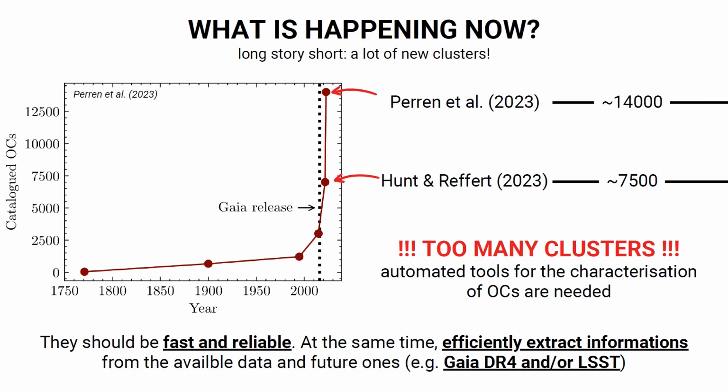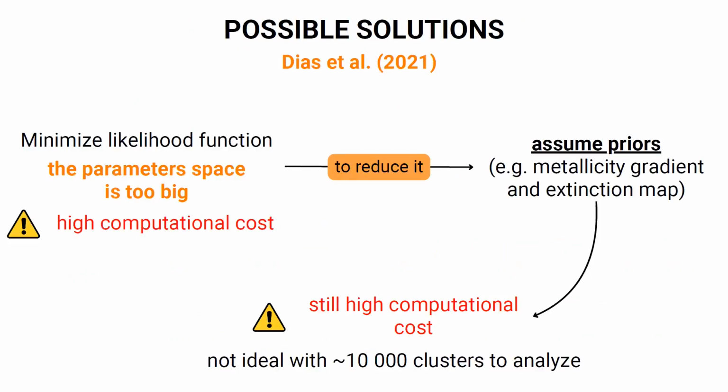Regarding the parameter estimation, again, you have another problem. You need an automatic tool to do this analysis. This tool should be fast, of course, and reliable, because you are dealing with a lot of clusters, but you do not want to lose precision for sure. And of course, it should be prepared for new missions and use all the available data in the best way possible.